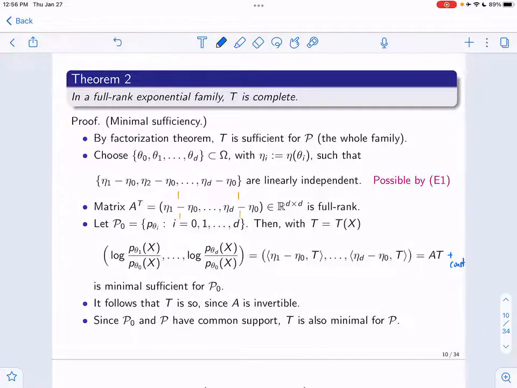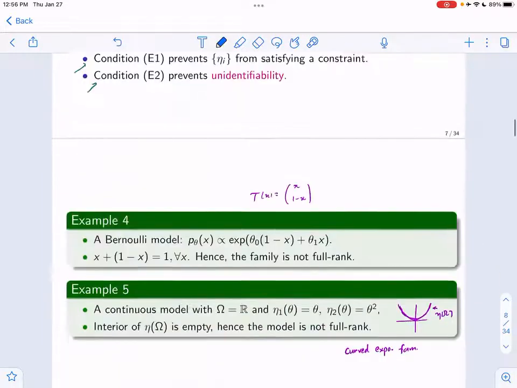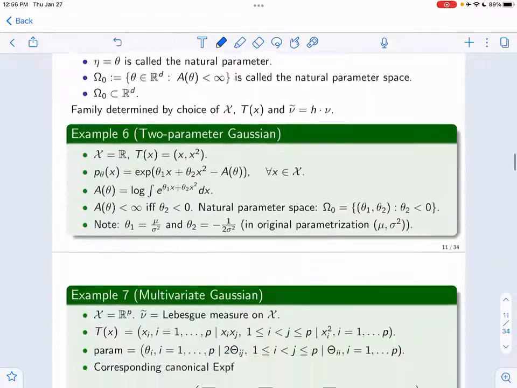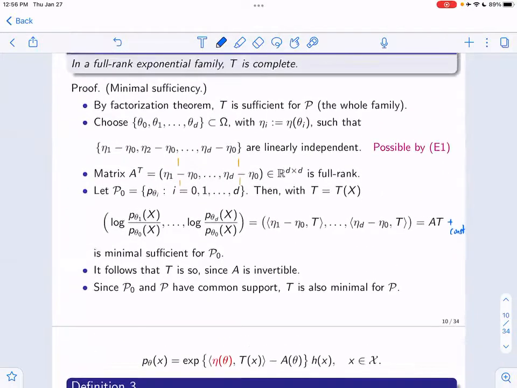I guess last year someone asked whether we used the E2 here, and I believe we didn't. So it seems like this result holds even if your parameter is not identifiable. So if T fails to satisfy E2, you just have that the interior of the parameter space is open, then you're good.